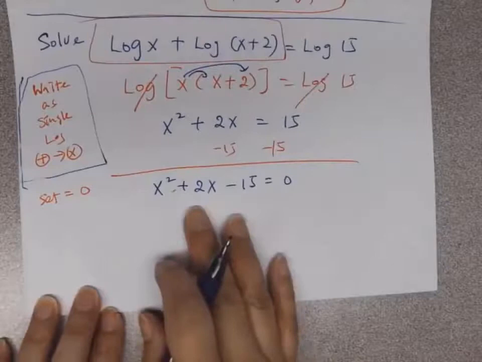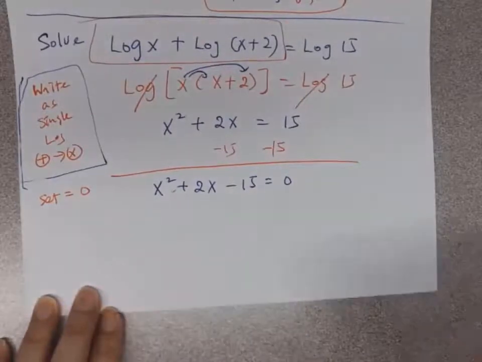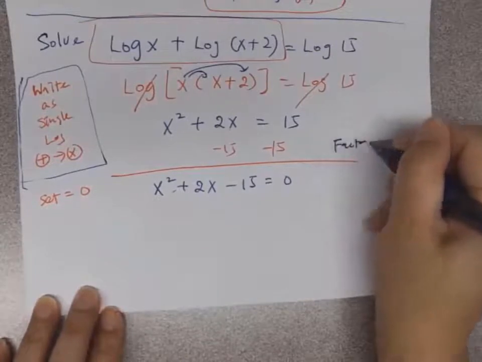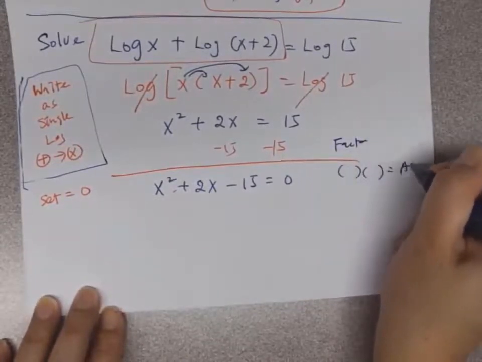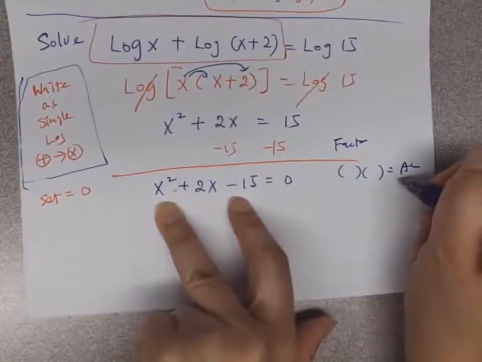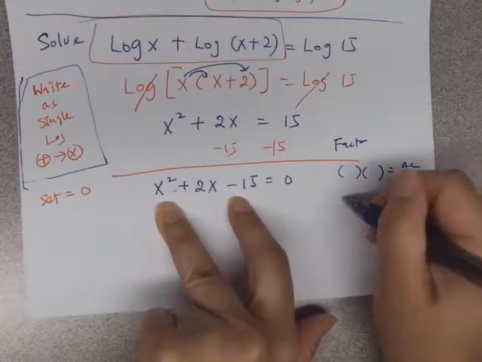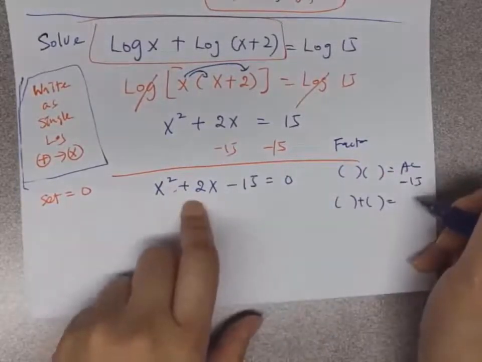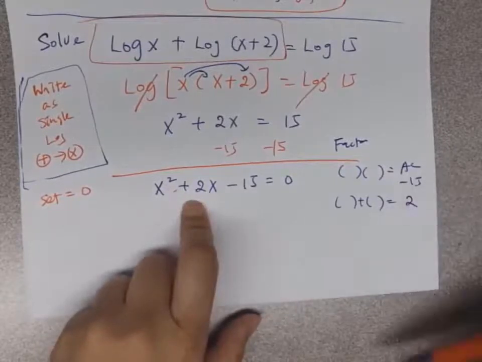And how do I solve that? You can factor. So something times something equal to a times c. What is a times c? Negative 15, and add together equal to 2. What would be the two numbers?